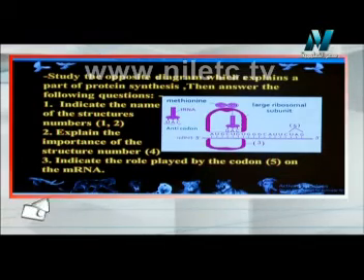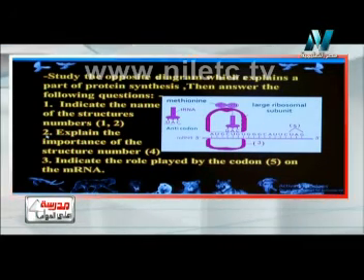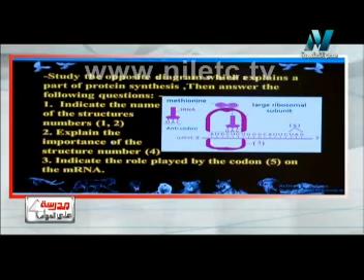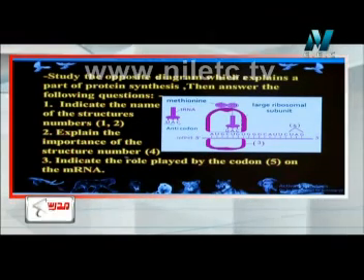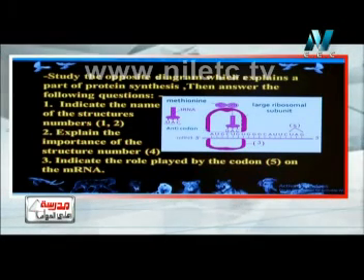Number 4, the large ribosomal subunit. The part number 2 of the question explains the importance of the structure number 4. The structure number 4 is the large ribosomal subunit.